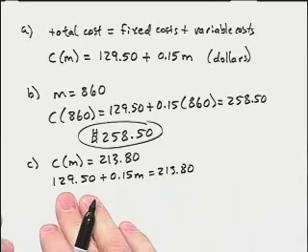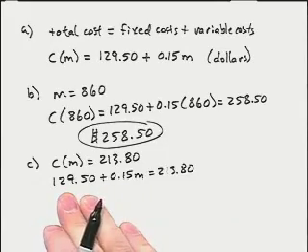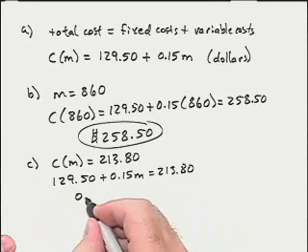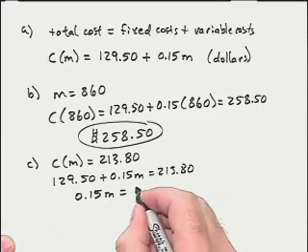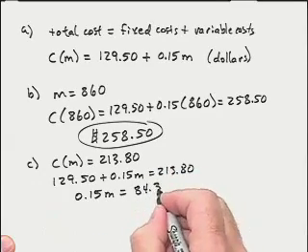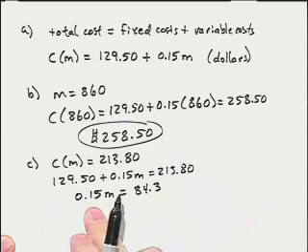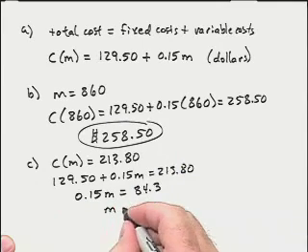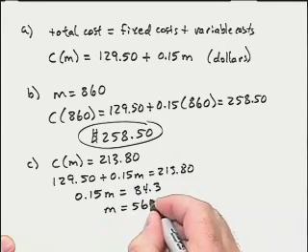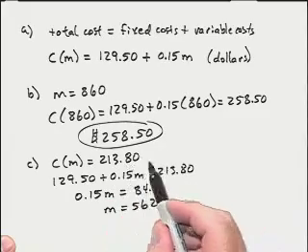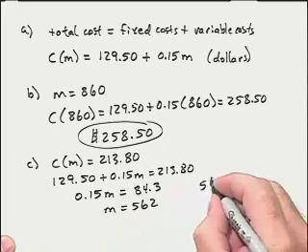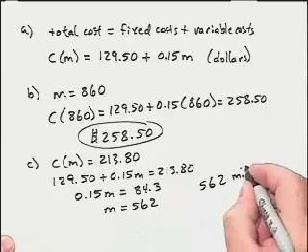We'll subtract 129.5 from both sides and get 0.15 M is equal to 84.3. Then we divide both sides by 0.15 to get M is equal to 562. So if the rental cost is $213.80, the number of miles driven was 562.